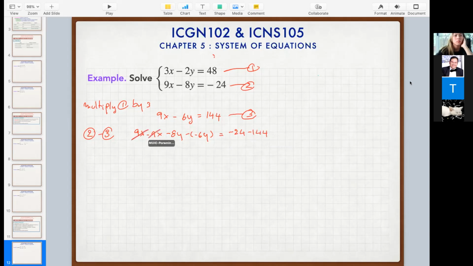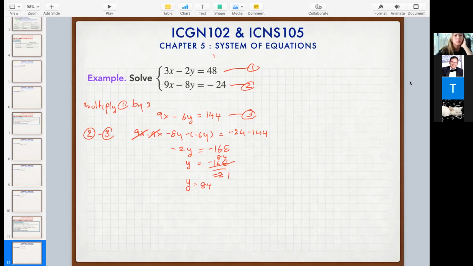So I get negative 2y equals negative 168. Then I divide negative 2 on both sides, and I get y equals 84. Okay, so this is the value of y.